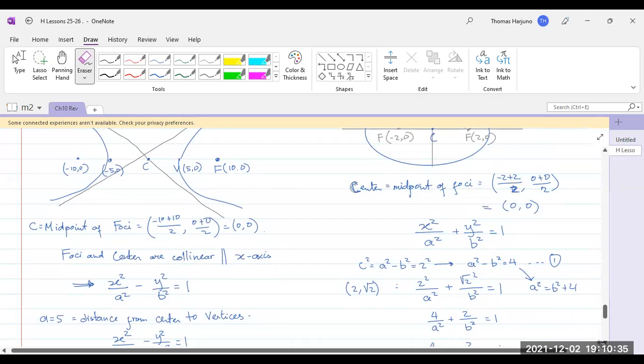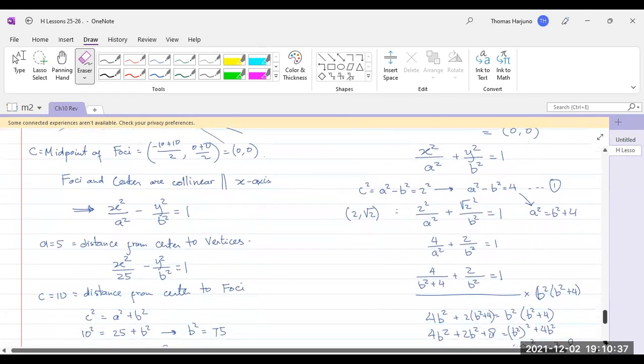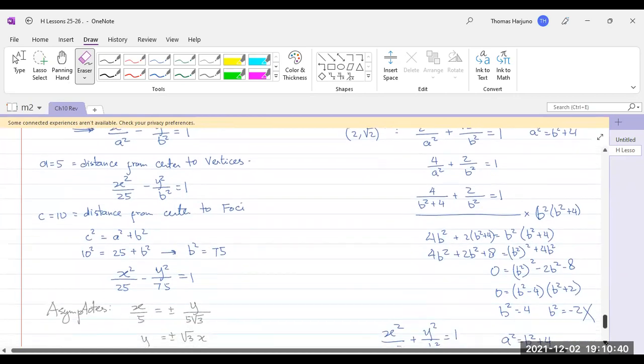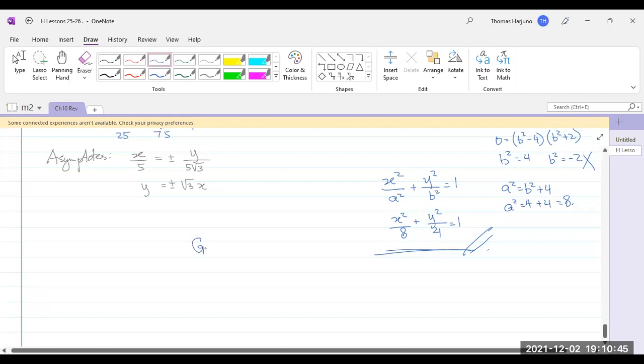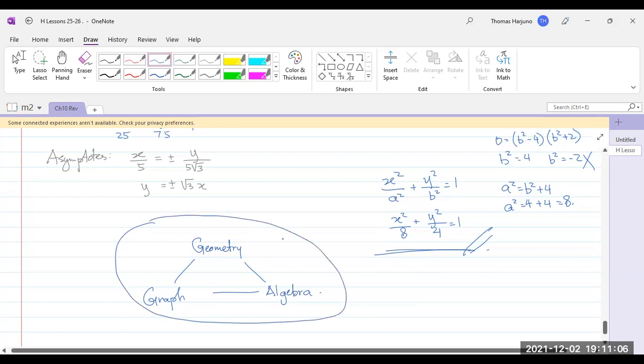You need to have pretty good algebra. So basically you have geometry, the graphing, and you connect that with your algebra. This is the emphasis of pre-calculus. This is one key element in pre-calculus.